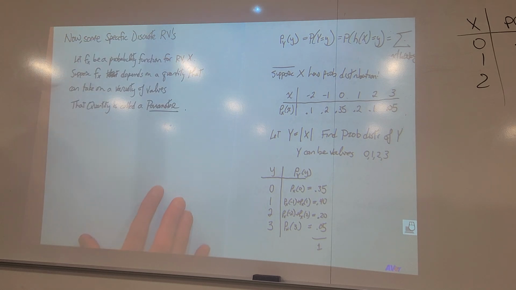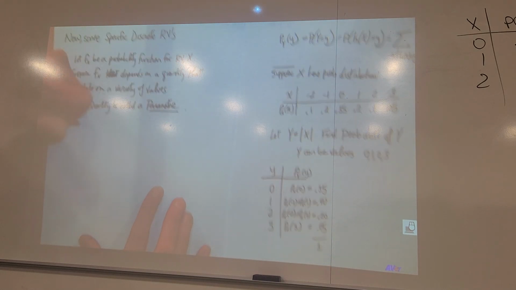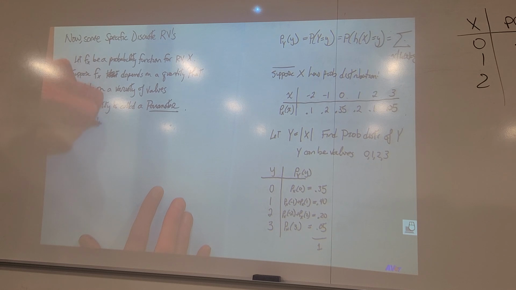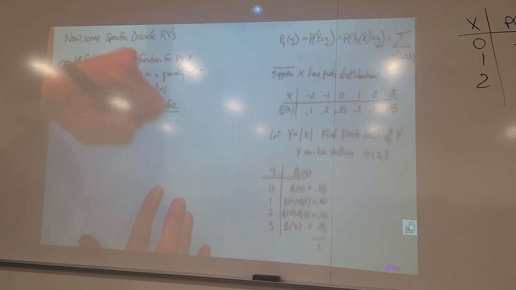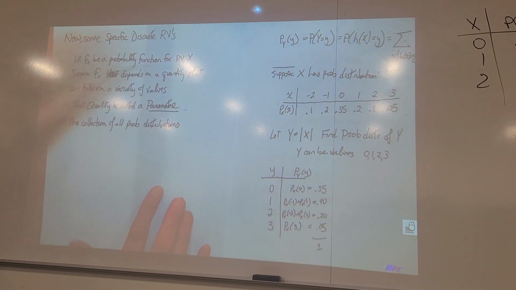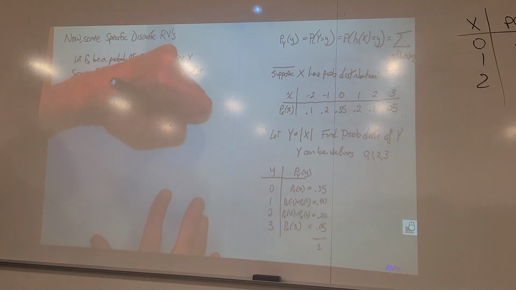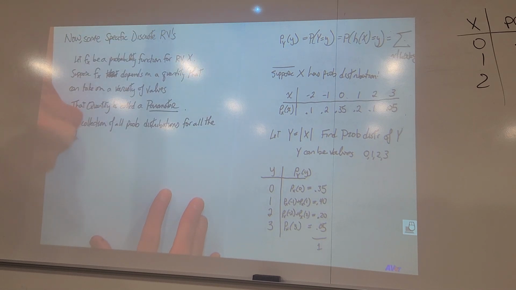And the collection of all probability distributions for all the values of this parameter is simply called a family of distributions.